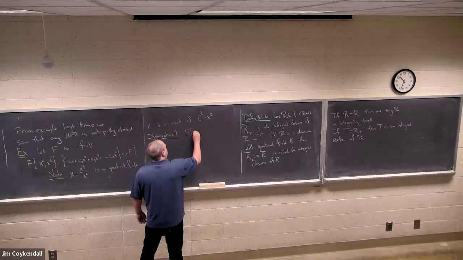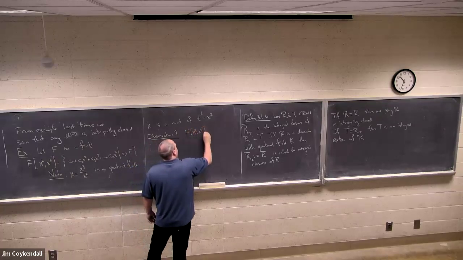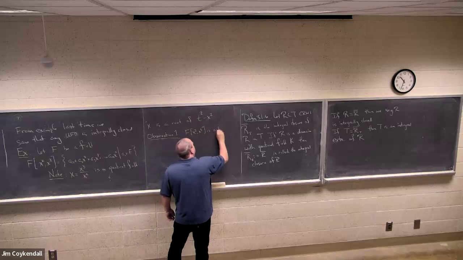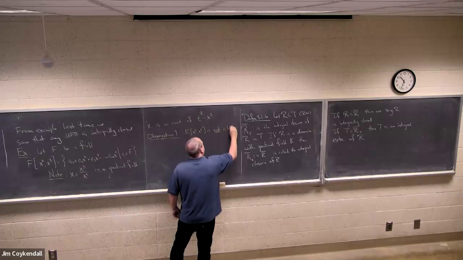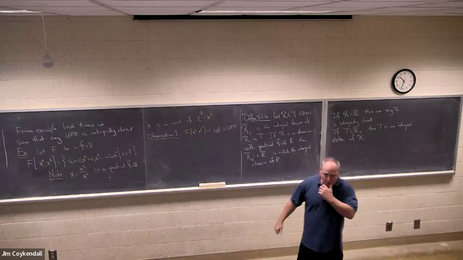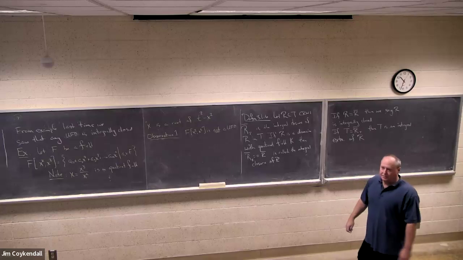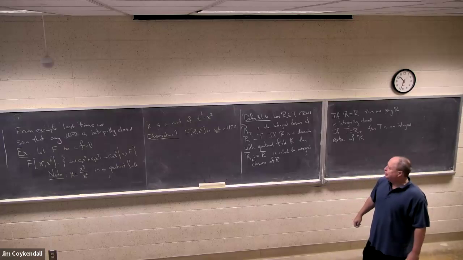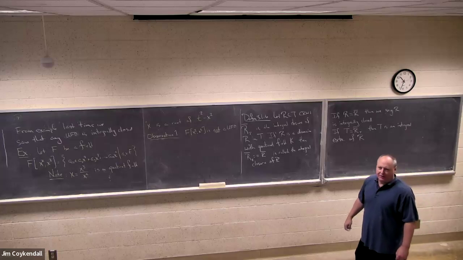F is not a UFD. Can anybody see a bad factorization?